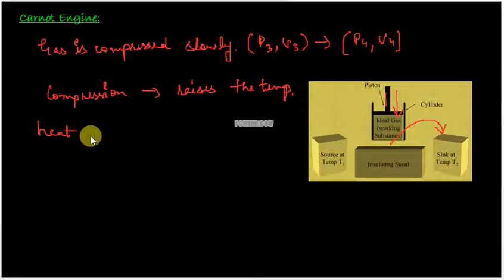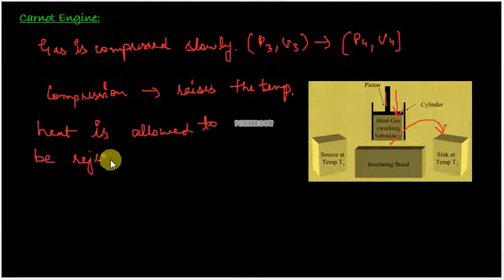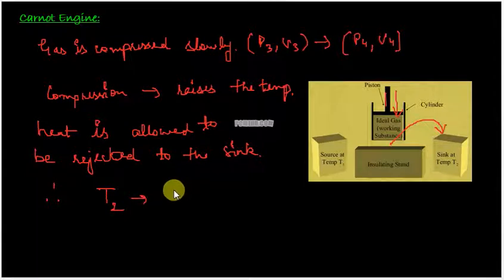Heat is allowed to be rejected to the sink. Therefore the temperature T2 remains constant. So no change in temperature is happening.